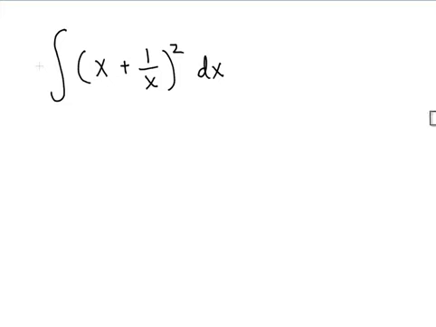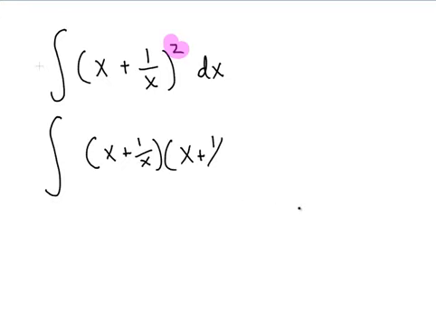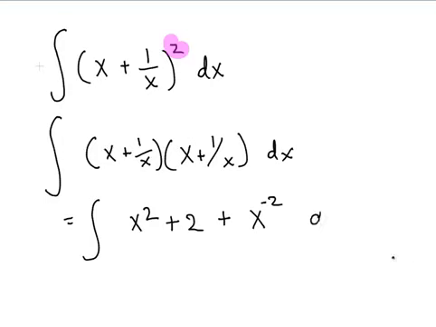But just consider that it's only to the power of two. So it's not too hard to just work it out fully in this particular instance. If you multiply out x plus 1 over x, squared, dx, you get the integral of x squared plus 2 plus x to the power of minus 2 dx.